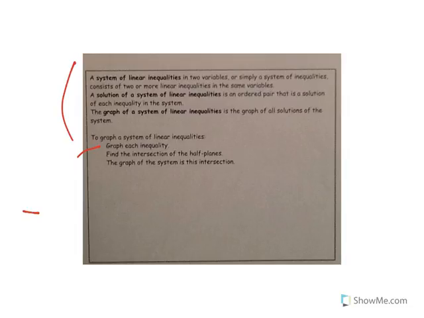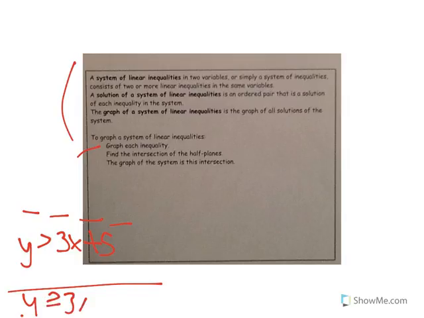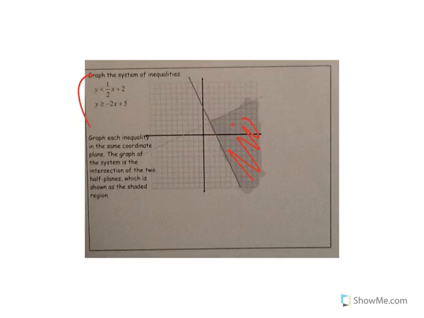And remember the thing about the dashed lines, if it's y is greater than 3x plus 5, and then solid lines if it's y is greater than or equal to 3x plus 5. Then you find the intersection of the half planes, and the graph of the system is that intersection. Basically, you're going to graph two things where the solutions are and then see where they cross over.